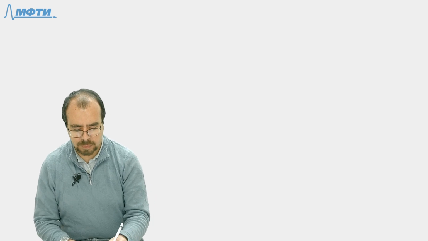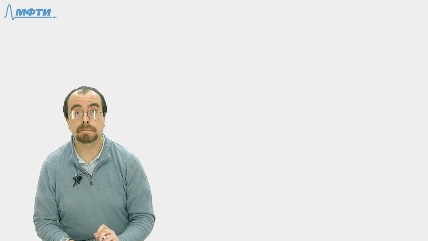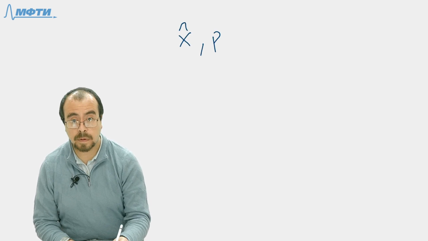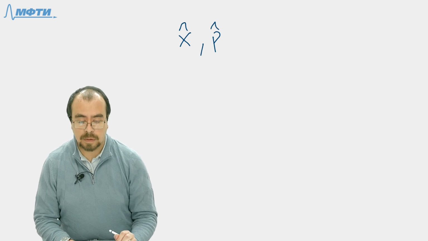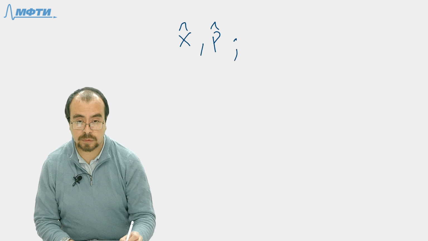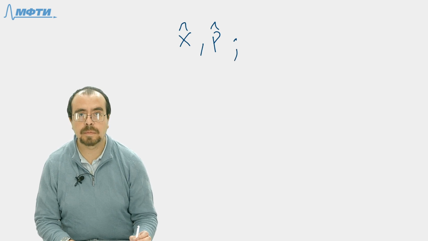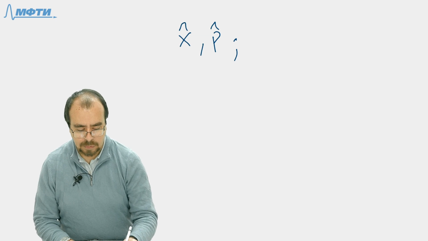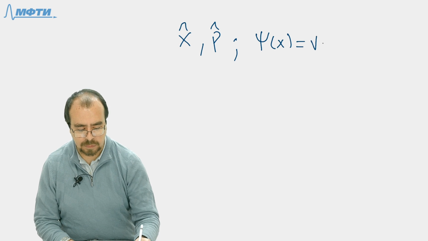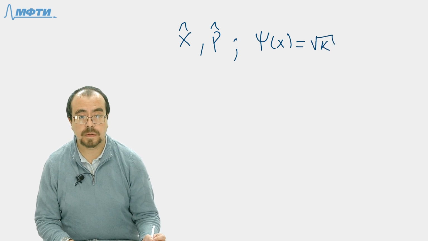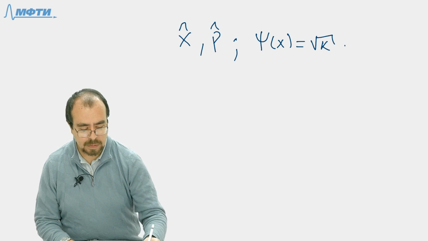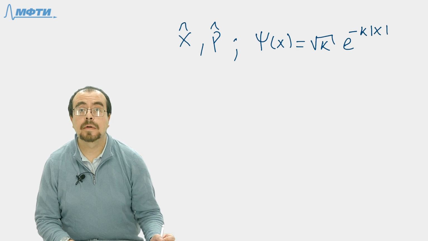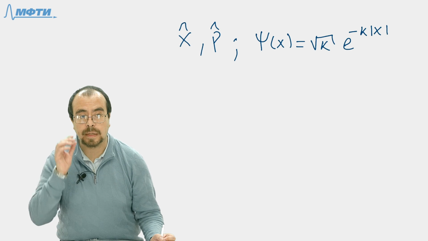So as you might remember, our operators x and p, we wanted to obtain their mean values using our solution for the delta potential, which was the square root of k, times the exponential of minus k, times the absolute value of the position x.